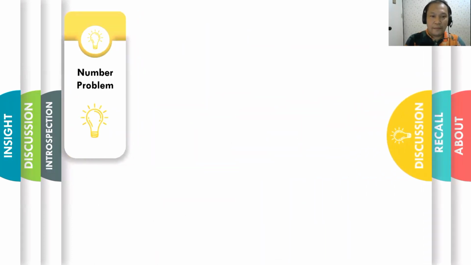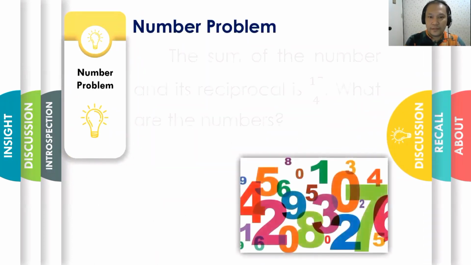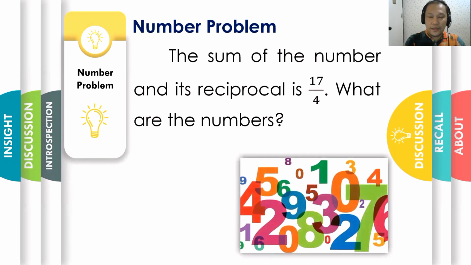Now, for the number problem, we are being asked: the sum of a number and its reciprocal is 17/4. I repeat, the sum of a number and its reciprocal is 17/4. What are the numbers?